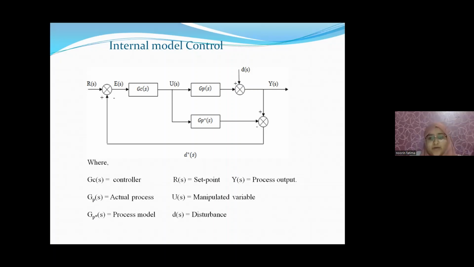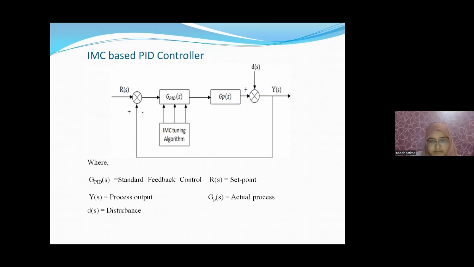But right now, as I said, every industry is aligned towards PID. So this structure can be modified and rearranged so that it resembles the conventional PID. Then after a little modulation in the equation, it is compared and we find the tuning parameters.